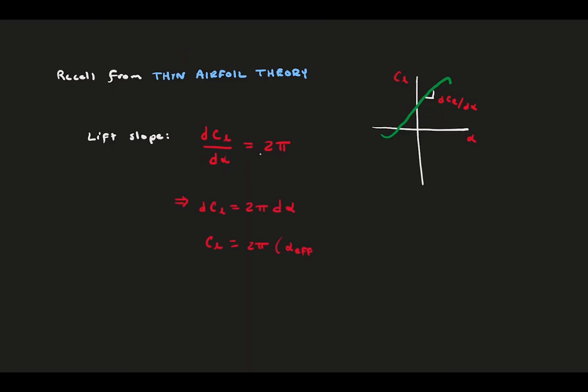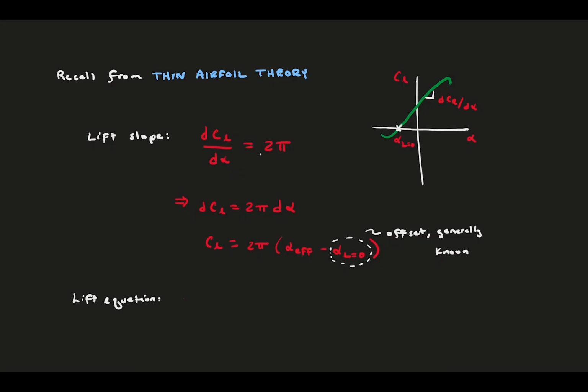We can take this, separate variables, and get an expression for Cl as a function of alpha. There is also an offset that's possible here, specifically if our foil is cambered. So in the parentheses we have the effective angle of attack subtracted by the angle of attack for zero lift, which is generally known going in based on what foil profile you used.